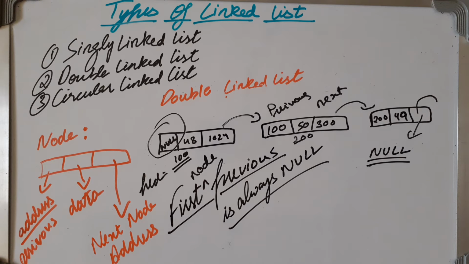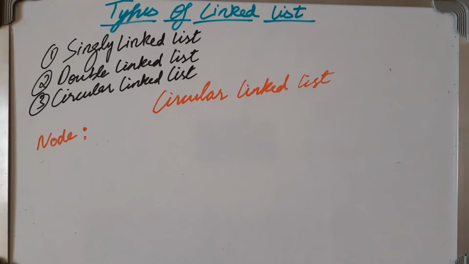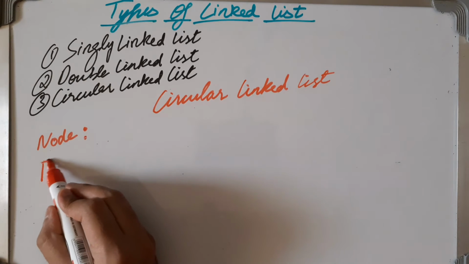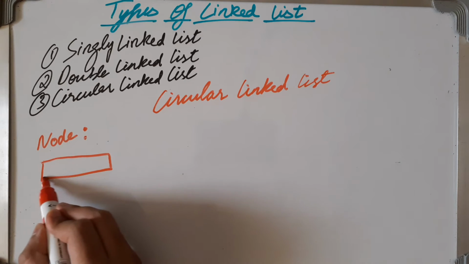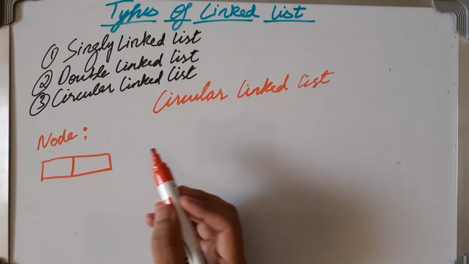Okay guys, you are now aware of the double linked list, how it is working, and which node is having three kinds of data. Now we are going to discuss circular linked list. A circular linked list is also having two elements in a node, like a singly linked list.